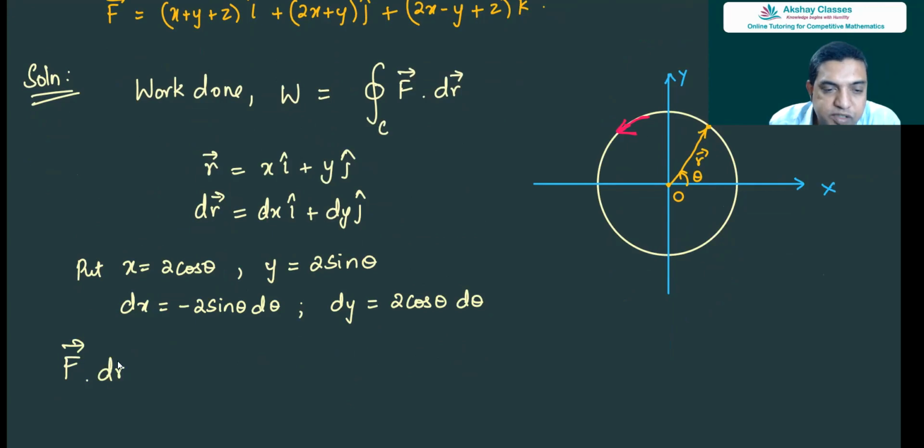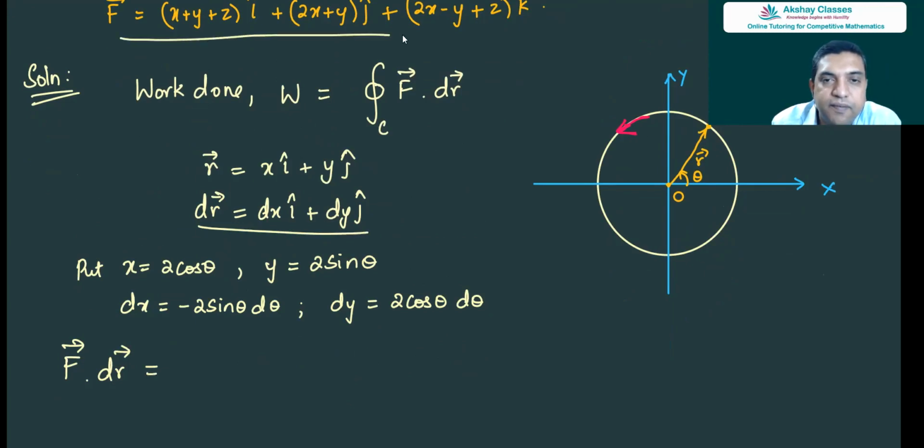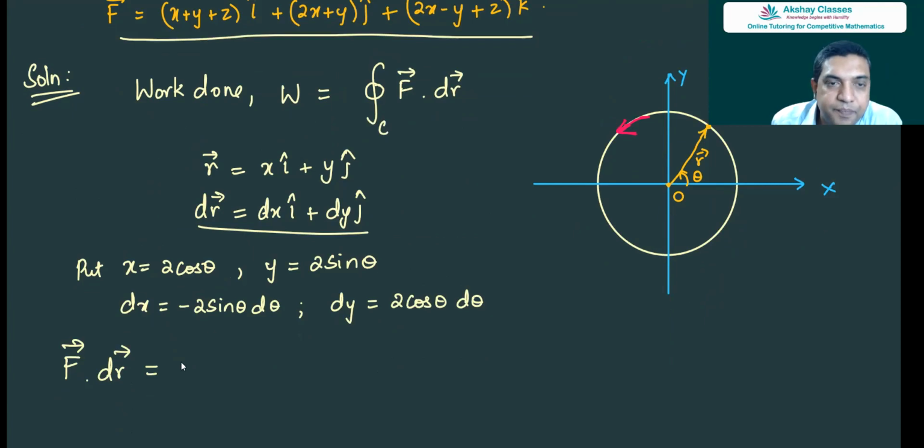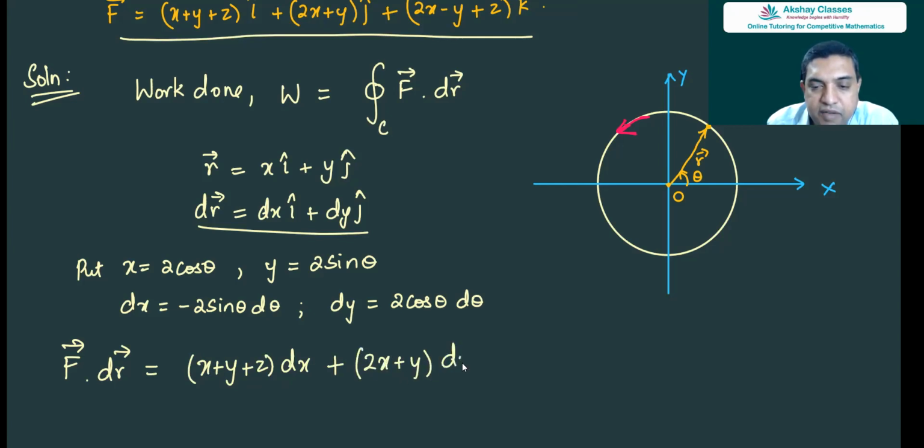F dot dr, we will get, see, this is dr and this is F. So F dot dr will be x plus y plus z dx plus 2x plus y dy.